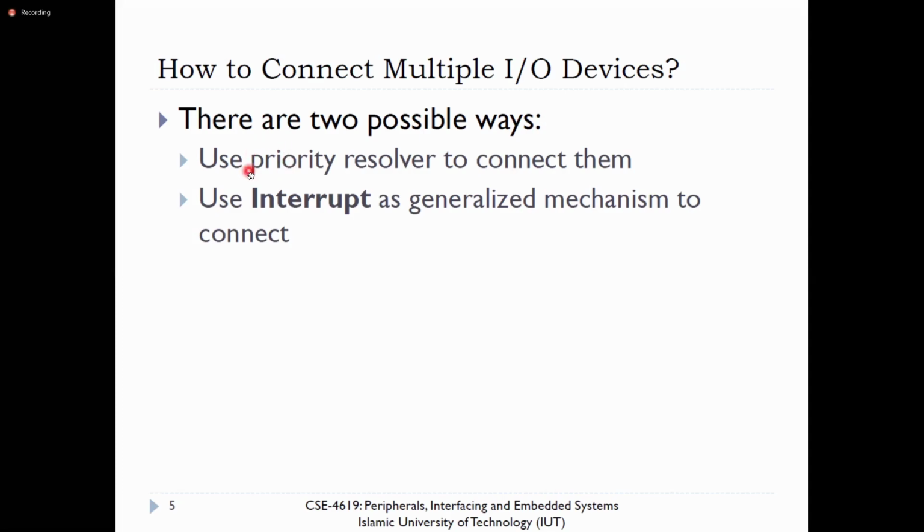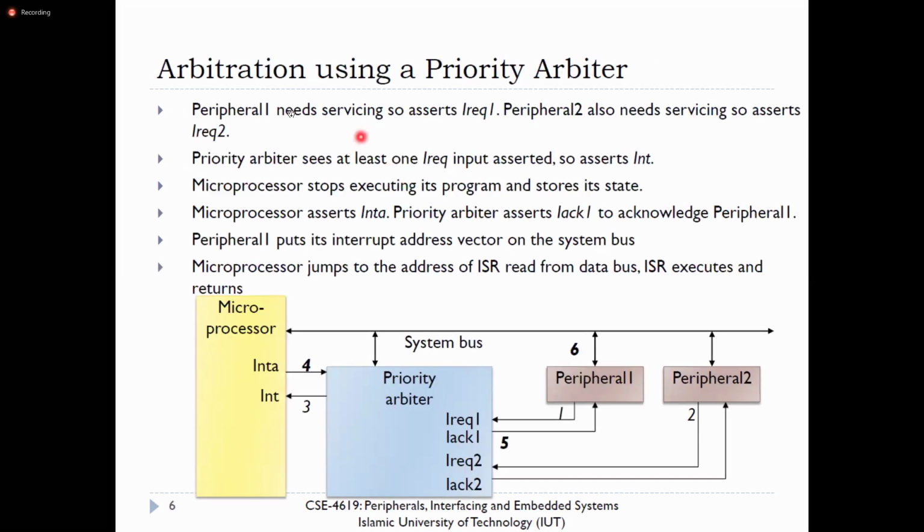And one important role is played by this type of interrupt controller, that is the priority resolving technique. And we have discussed some sort of arbitration using a priority arbitrator. This priority arbitrator is actually an integrated circuit. This is working as an interface as well.